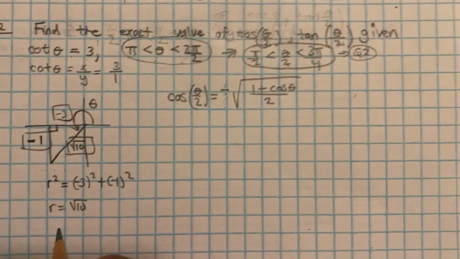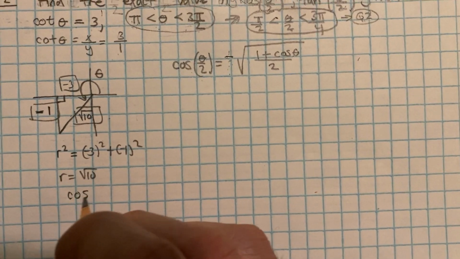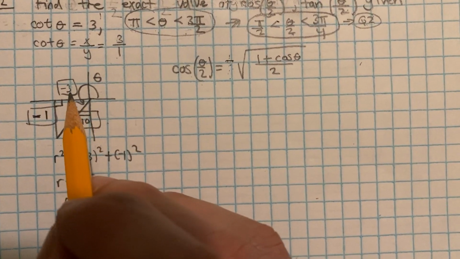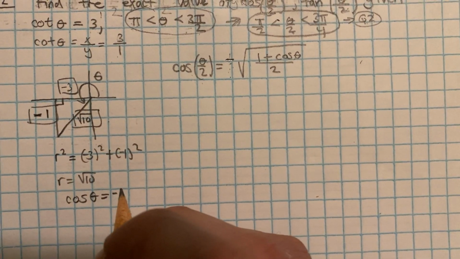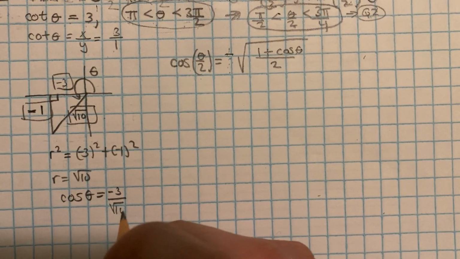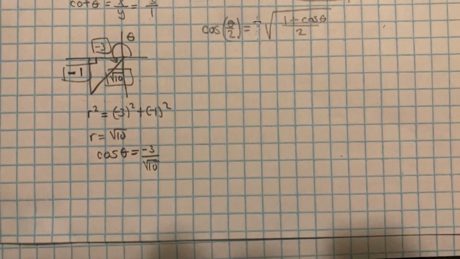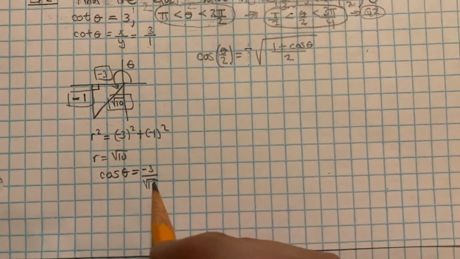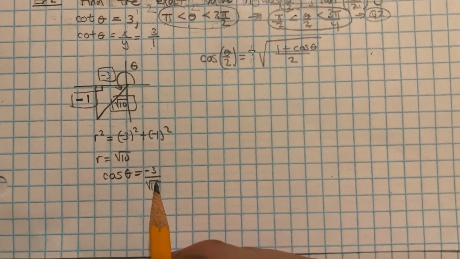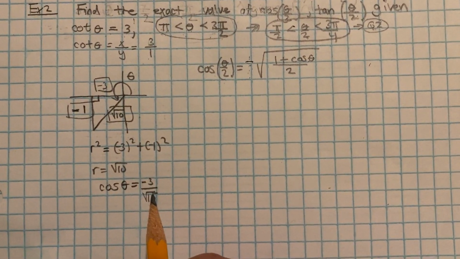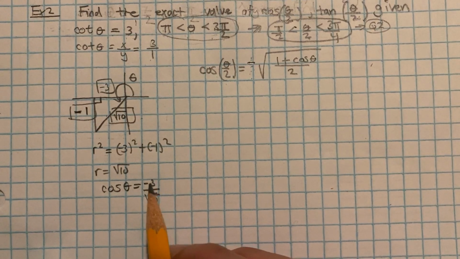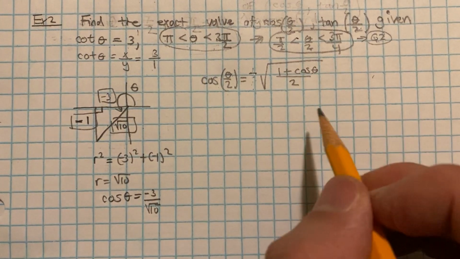Cosine of theta is x over r, which is negative 3 over root 10. Now, do you prefer that we simplify now or later? It doesn't really matter. I'm just going to leave it like this, plug it in, and then simplify later.